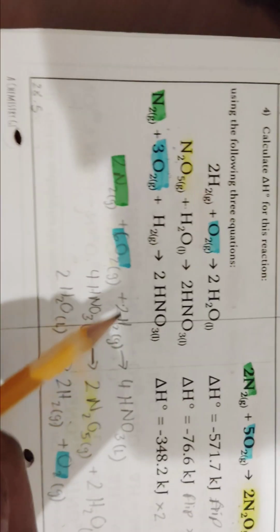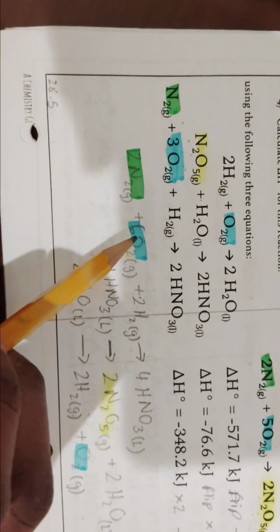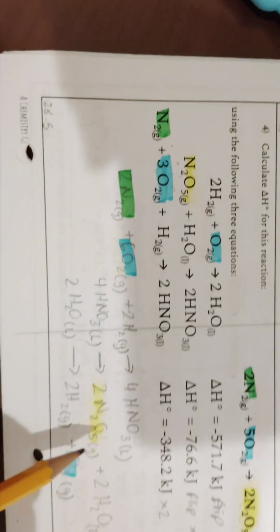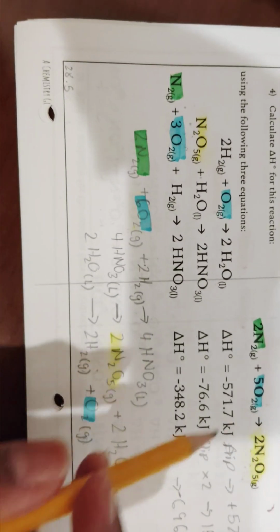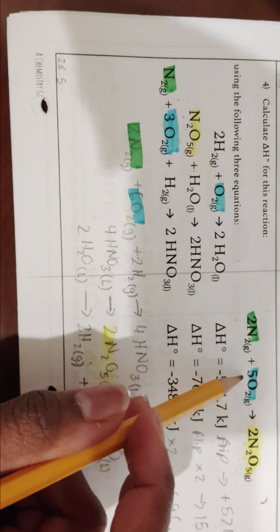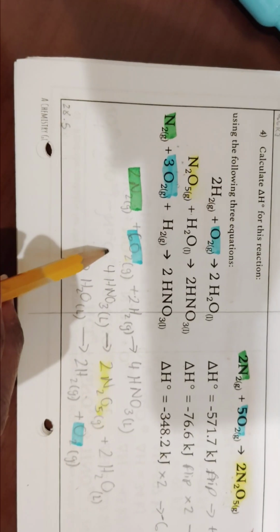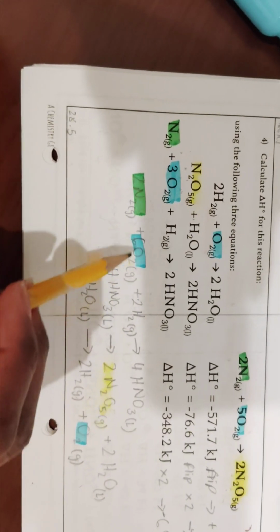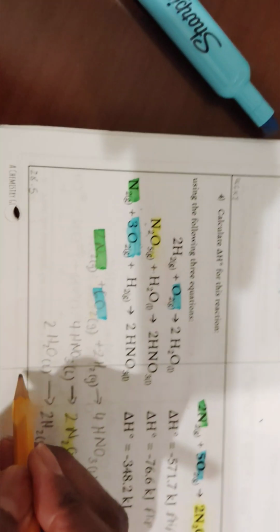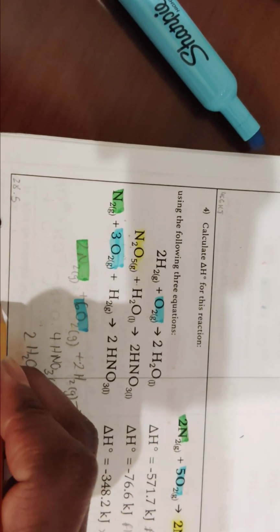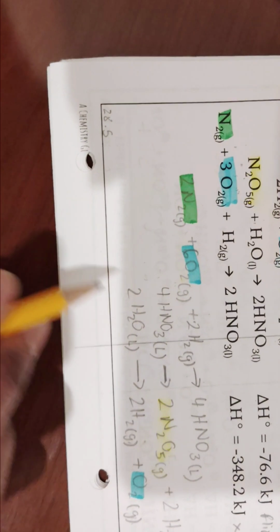First, we have this 6 O2 and this O2 right here. We need a 5 O2. So we're going to subtract one of these from here to give us that 5 O2. We're going to write this new equation down here at the bottom.